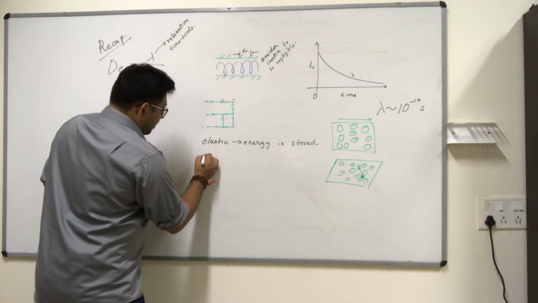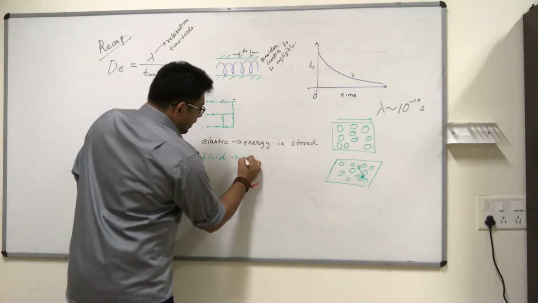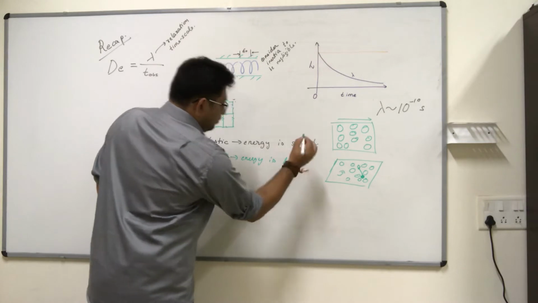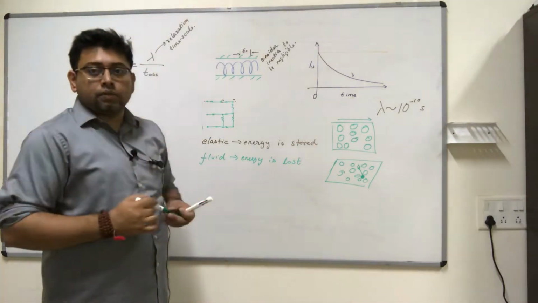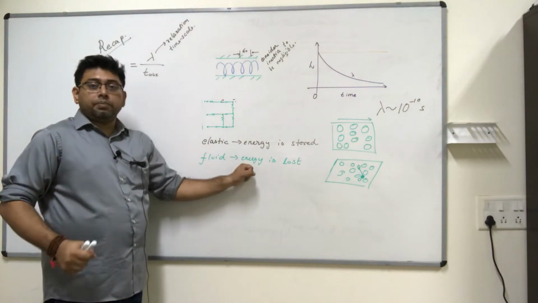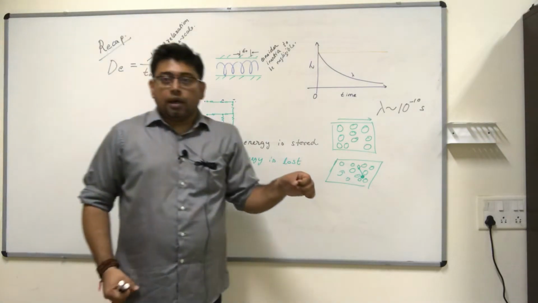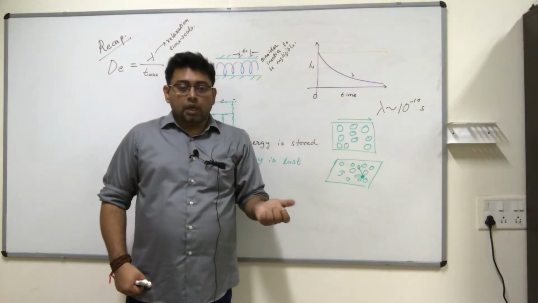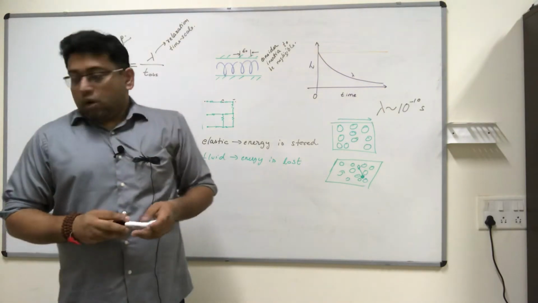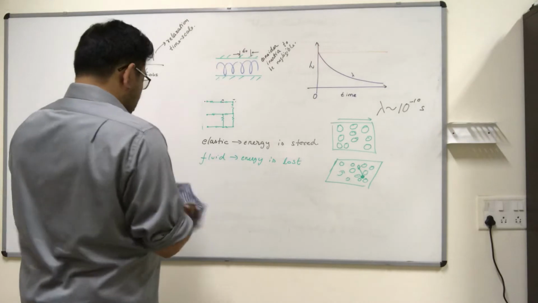In a fluid, energy is lost. All of it is lost, which is why we say the fluid is characterized by viscous dissipation, whereas a solid is characterized by elastic storage of energy. So this is one more point of difference between the two. Okay, so I think we have had a good recap of that.